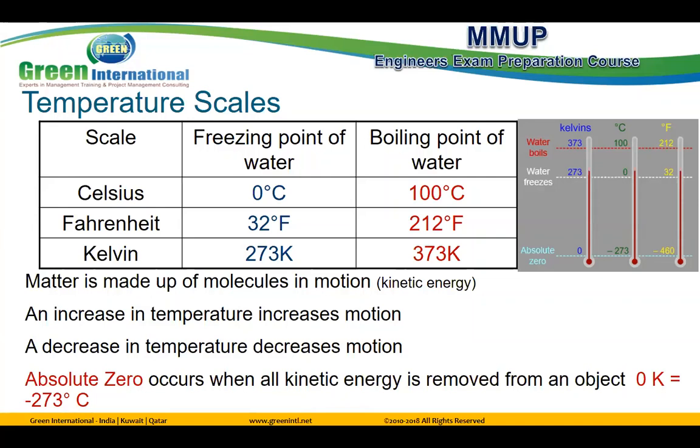But in Fahrenheit, the freezing point is 32 Fahrenheit and the boiling point is 212. It means the difference between freezing and boiling for Fahrenheit is 180.